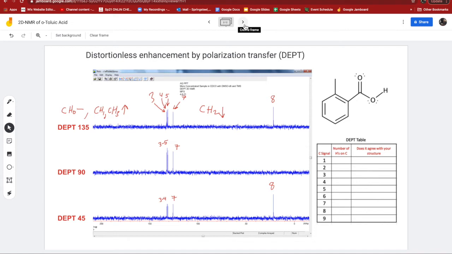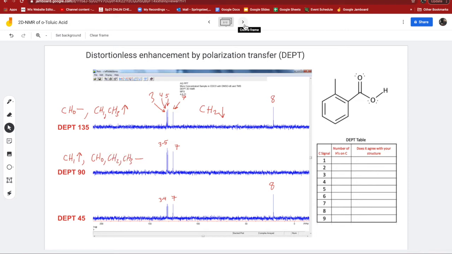Now the next spectrum, the DEPT 90, the middle one, this one will only show CHs. CH1, they have signals pointing up. But the CH0, CH2, CH3, they don't show up at all.